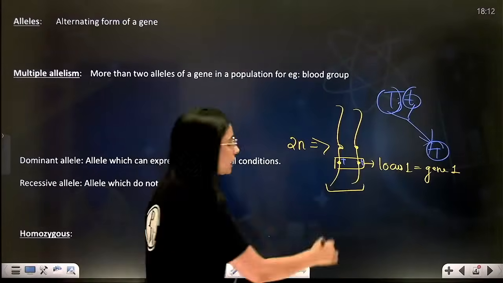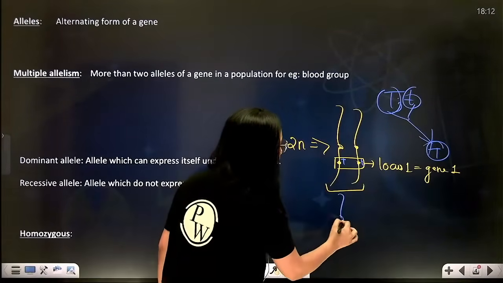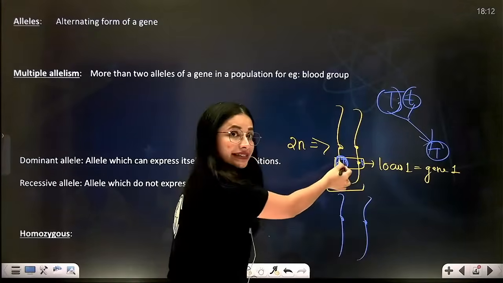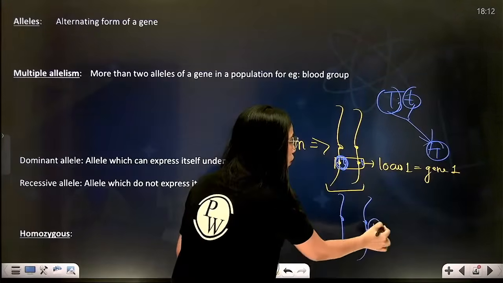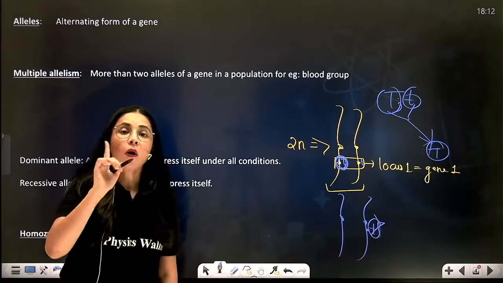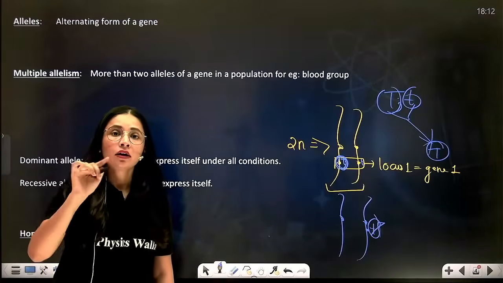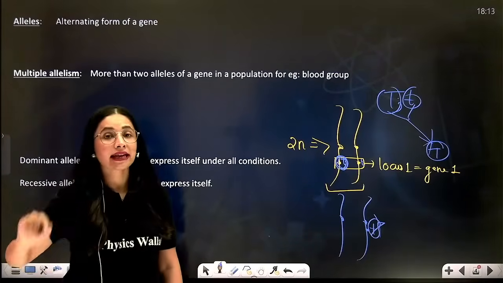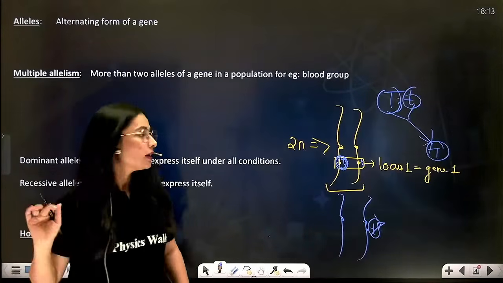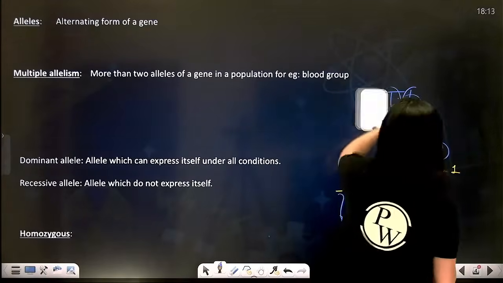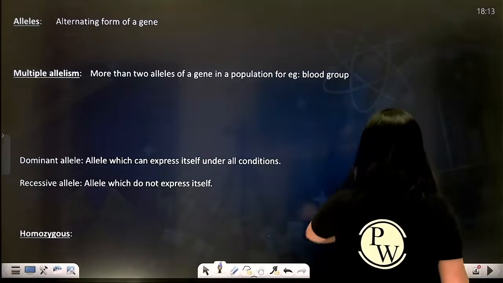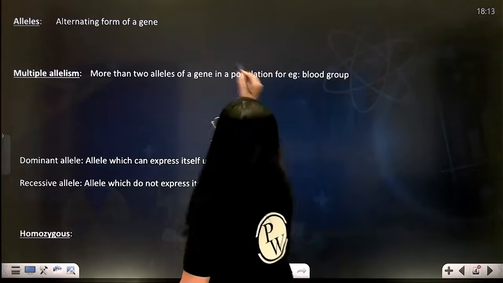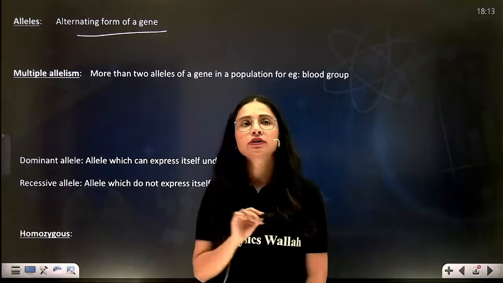Suppose this is one homologous pair and this is another homologous pair. It is not like one allele of the T gene is here and another allele is there. No. Alternating forms of a gene are located on the same homologous chromosome at the same locus. So alleles are the alternating forms of genes.